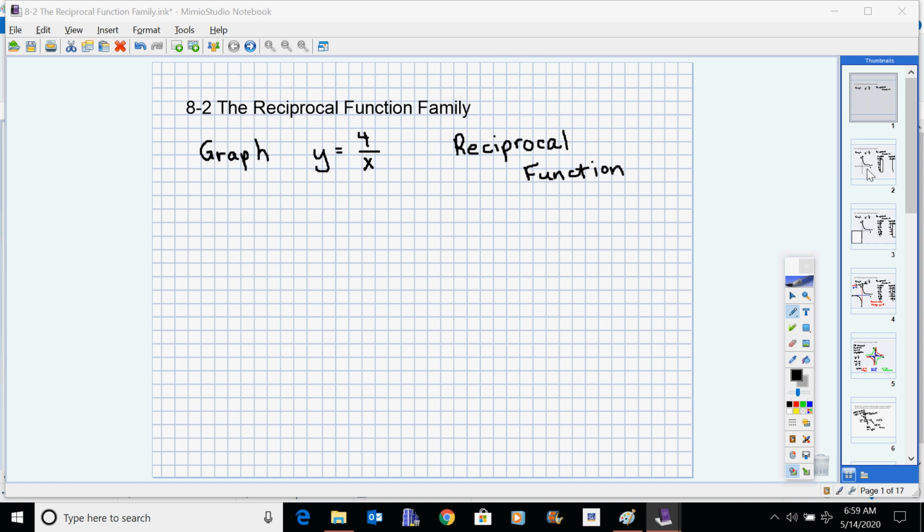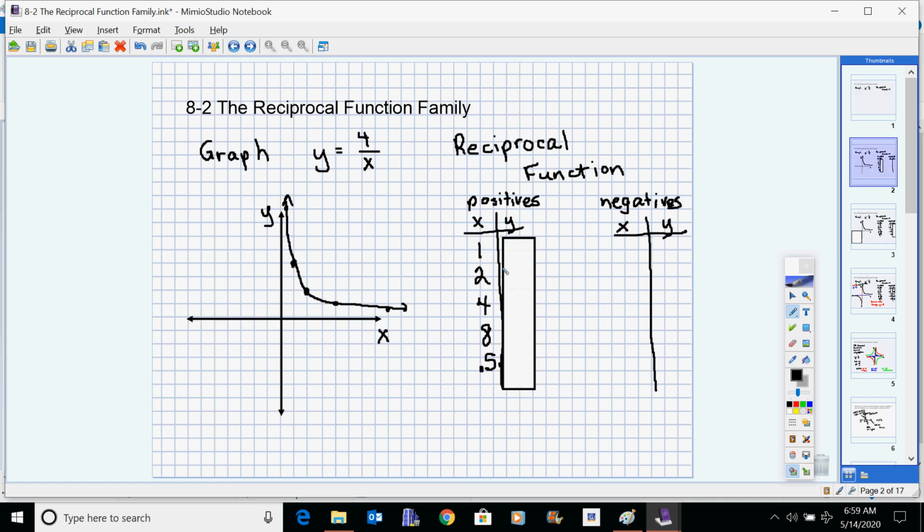So we want to, just like we've done with other graphs, start off with just looking at some ordered pairs to see what happens. So when we start looking at ordered pairs starting at 1, 2, and so on and so forth, 4 over 1 is 4, 4 over 2 is 2, 4 over 4 is 1, 4 over 8, I'm doing things on purpose, these have been chosen ahead so we can take a look, is a half, and 4 over a half is 8.